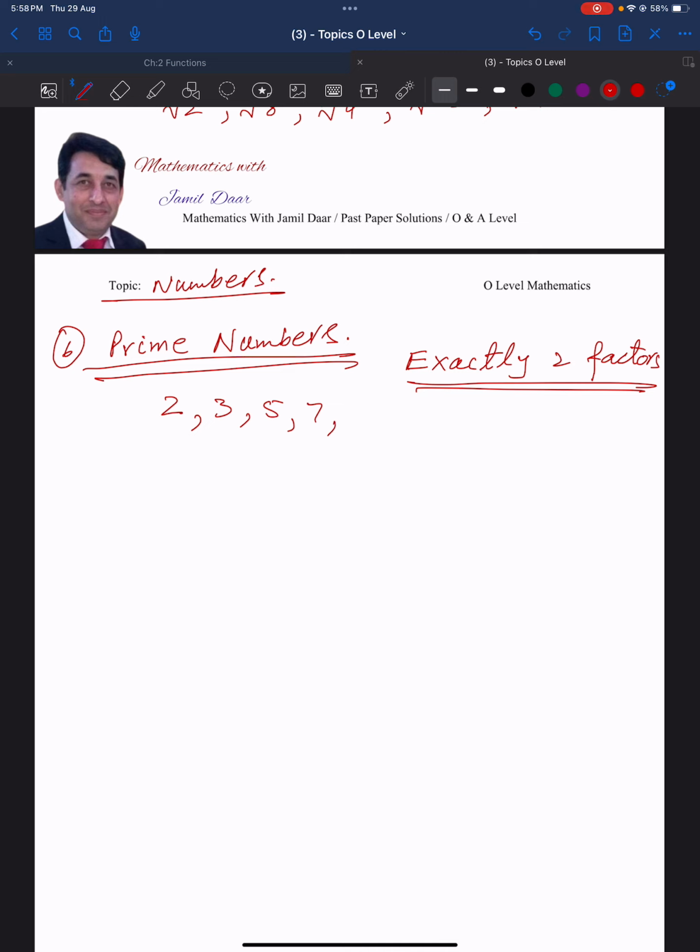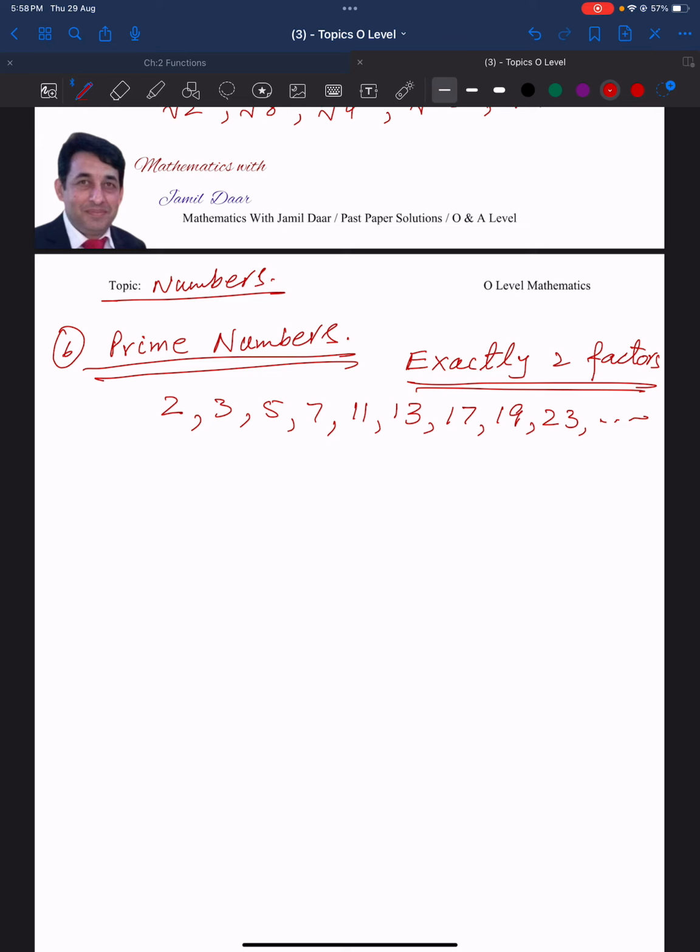Then 8, 9, 10 are divisible by other numbers, 11 is not. 12, 13, 14, 15, 16, then 17 is not divisible by any other number. 18, then 19 doesn't come in any other table, 1 and 19 only. And then 20, 21, 22, 23. And next you can do it by yourself.